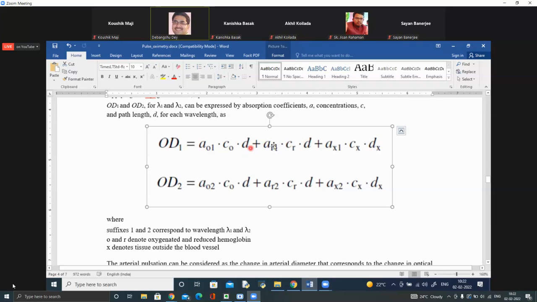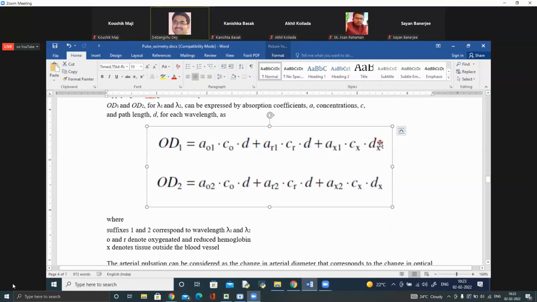You can see these two Ds are the same. Why? Because oxygenated hemoglobin and deoxygenated hemoglobin are both within the blood vessel, so the blood vessel thickness D is the same. Now what is there apart from the blood vessel?